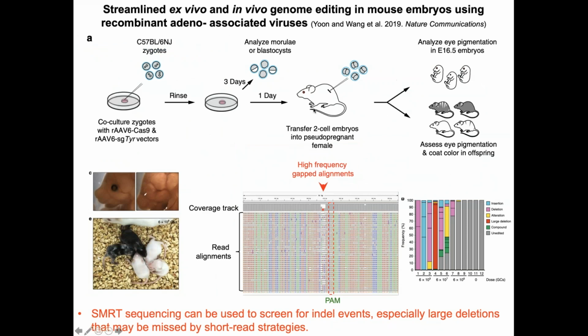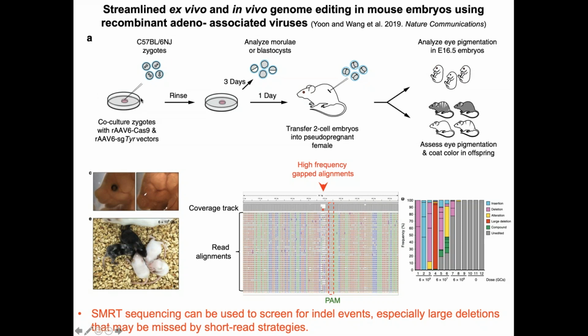In addition, Dan has also been pursuing the ability to create transgenic mice using AAV. And of course, this is a project that's also done in collaboration, actually spearheaded by Jaime Rivera's lab, where you can easily create transgenic animals. Some of you in the audience may know that the creation of transgenic animals is actually very laborious. You need a lot of technical expertise as well as equipment to perform these pronuclear injections.